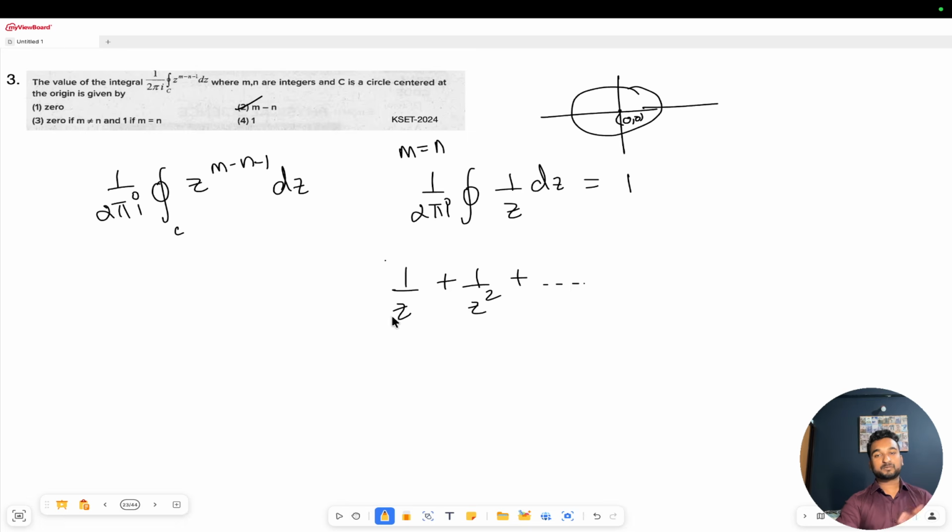This type of terms will not be there if m is not equal to n. So it will be 0. If no negative powers, that means there is no pole. If no pole, then no residue. So that's why it is 0 when m is not equal to n, and 1 if m equals n. This we have proved. Okay, so option C is correct.